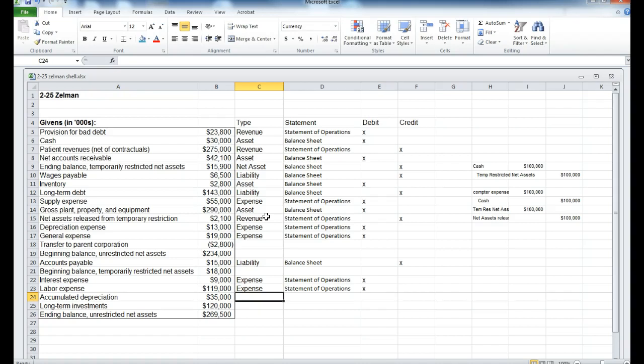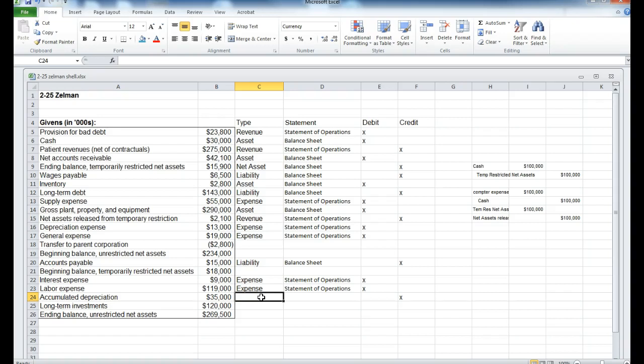Accumulated depreciation, we talked about this several times. When we record depreciation, we debit depreciation expense and we credit accumulated depreciation. So we know from that we're going to credit that. And what is accumulated depreciation? It is a contra asset, right? It's against the asset PP&E.